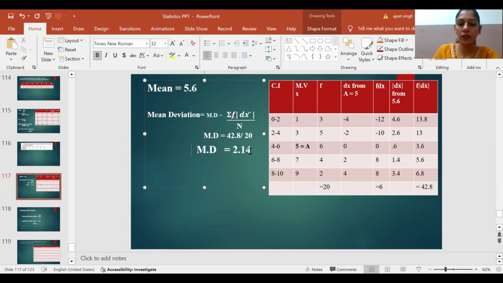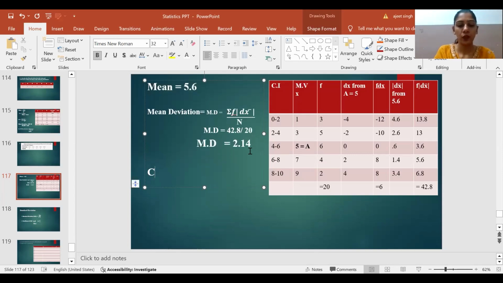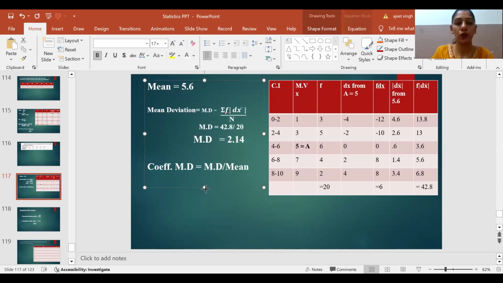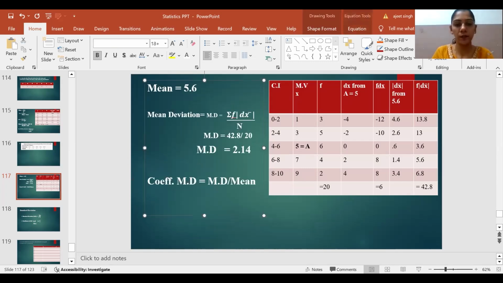Now with the help of this we can calculate the coefficient of mean deviation, which is mean deviation divided by the value of mean. Okay. So now we put all the values in this formula.